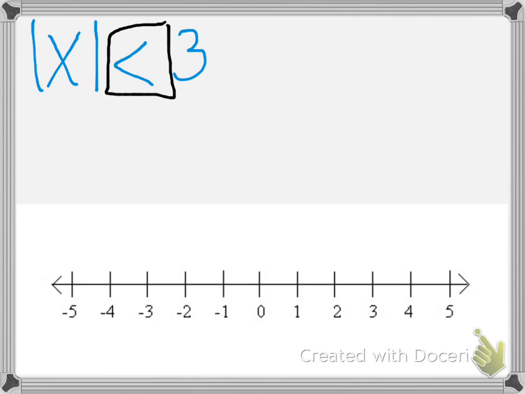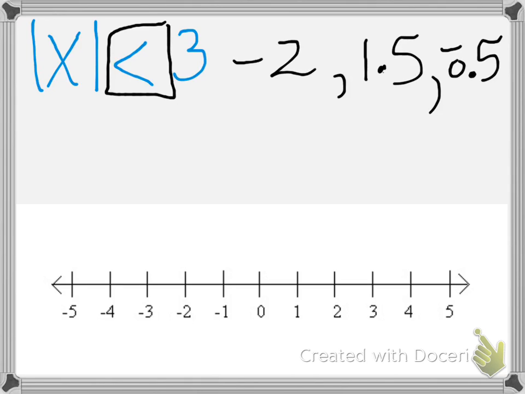We can think of numbers like negative 2, that's less than 3 places away from 0. Let's go with, how about 1.5, that's also less than 3 places away. Even negative 0.5, even that is less than 3 places away from 0 on the number line.